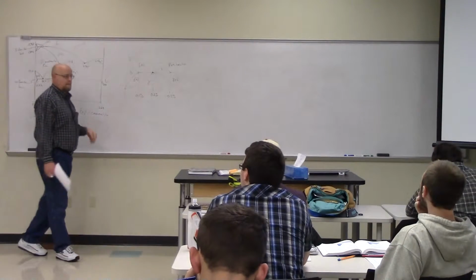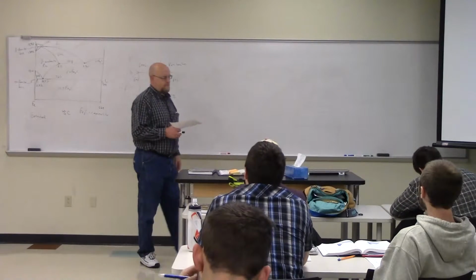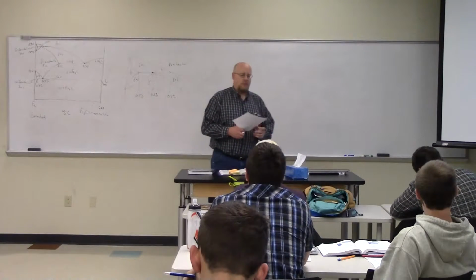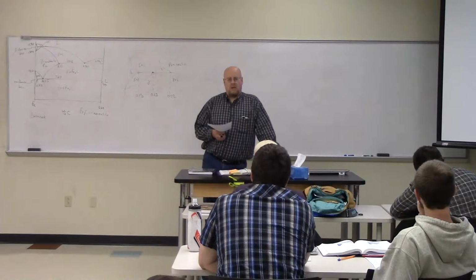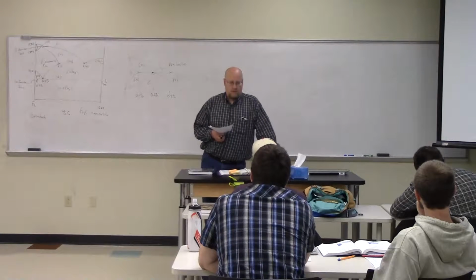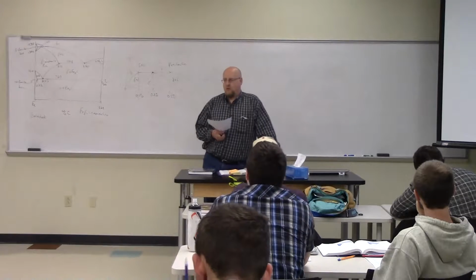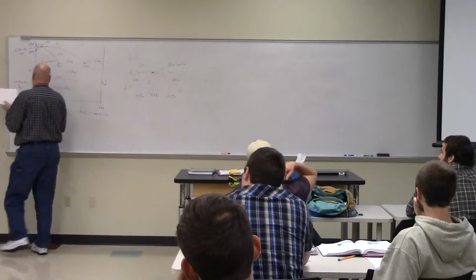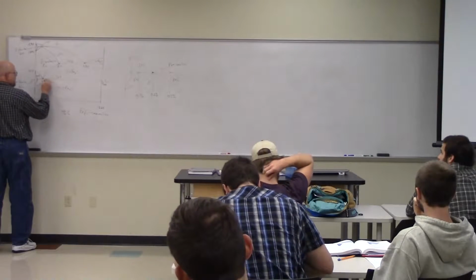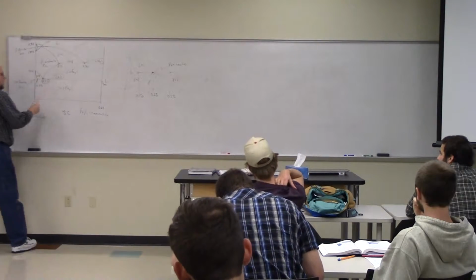Are we going to need to be able to draw this or label it for the test or anything like that? You probably need to be able to label it. You don't necessarily have to be able to draw it, but you need to be able to identify the different regions. And probably the 2 numbers that are most critical are the eutectoid numbers. So this one and this one.